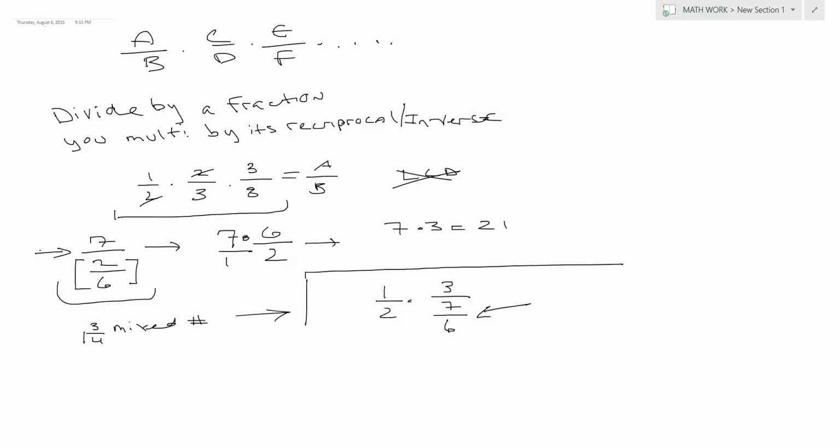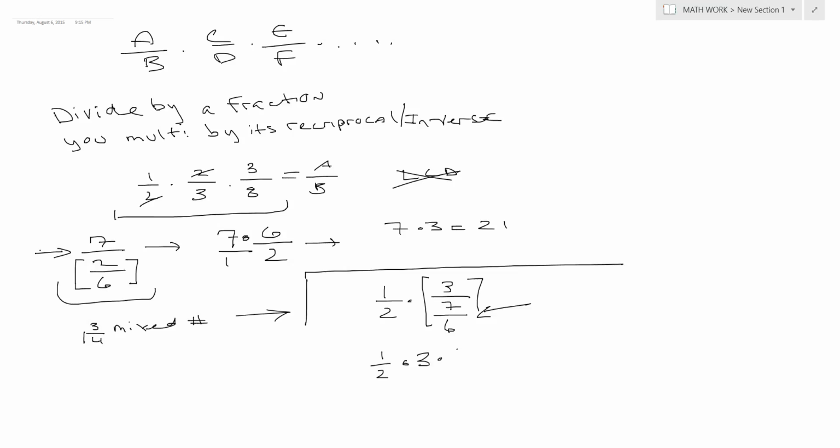I'm sorry. What you would do is take the reciprocal, right? So 1/2 can stay consistent, but notice that you are dividing 3 by 7/6. So take the reciprocal of 7/6 and multiply it by 3.